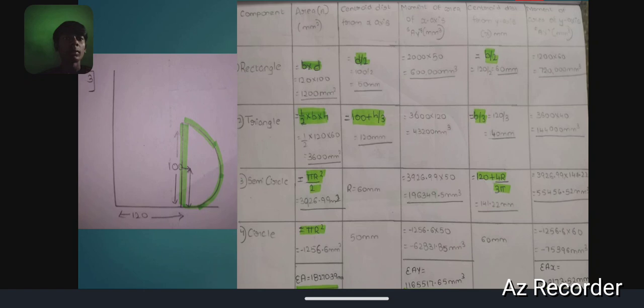And for the centroidal distance from the x-axis, there is no other distance from the x-axis, it is merged. We have one formula, 4r divided by 3 pi. R value is 50, so 4r divided by 3 pi gives about 21 mm. By multiplying the area and the centroidal distance, we get the moment of area about the x-axis.